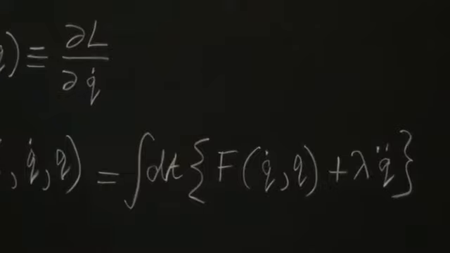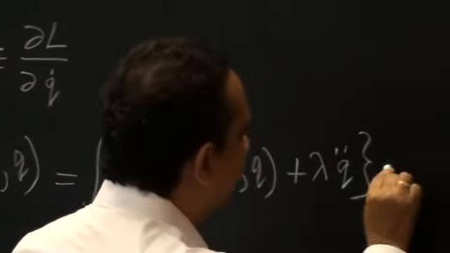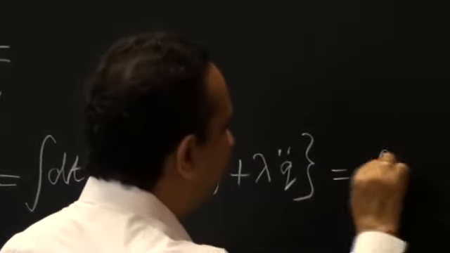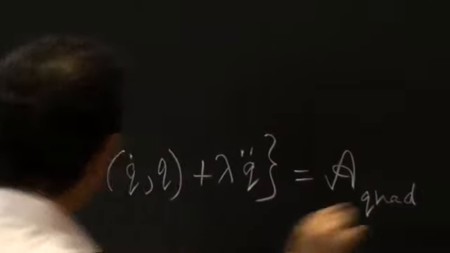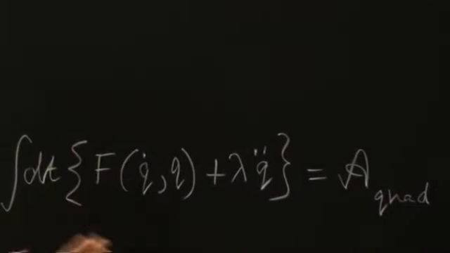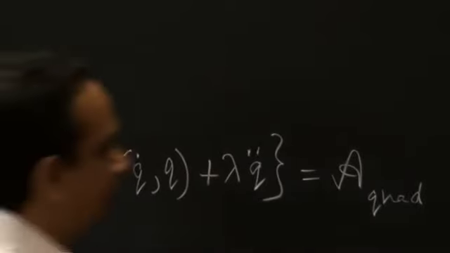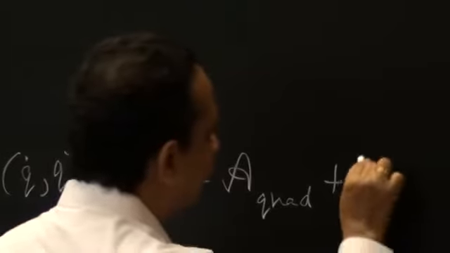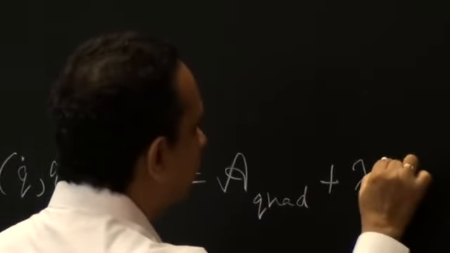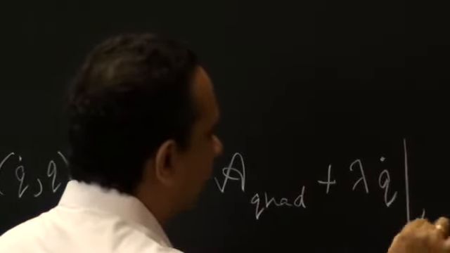So when you integrate this out, you get the first term, which I will call A quadratic, which has only the terms which are quadratic in q dot, this conventional kind of Lagrangian. Then plus you get lambda q dot at the endpoints t1 and t2.